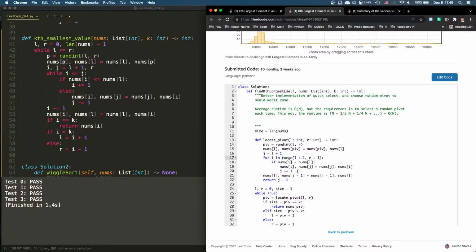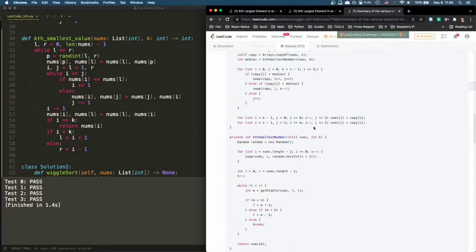And J is there. I is smaller, so we will swap the two. What if the J swap here is also smaller? I don't know. But if you look at this, it does only go one side.